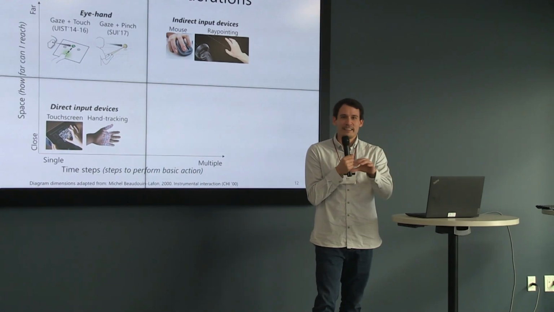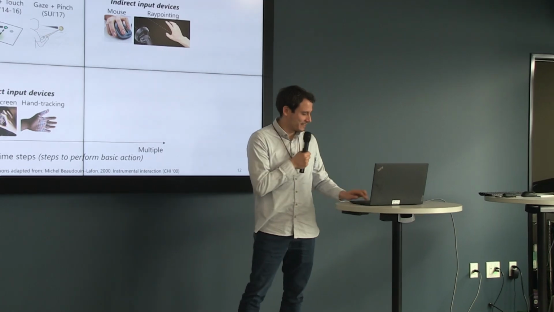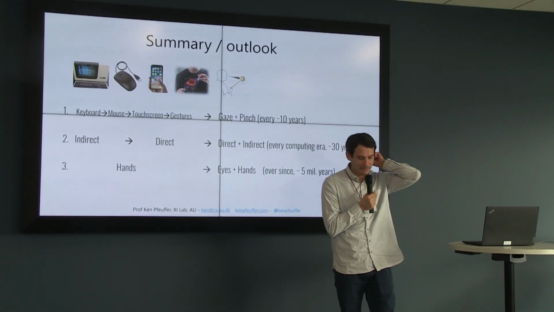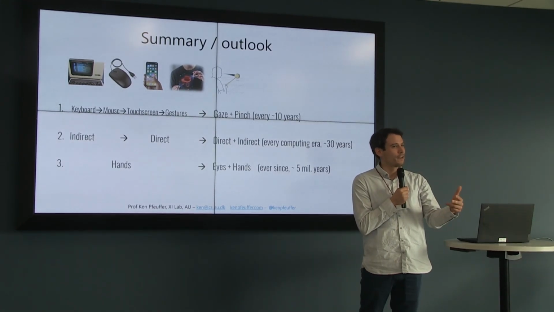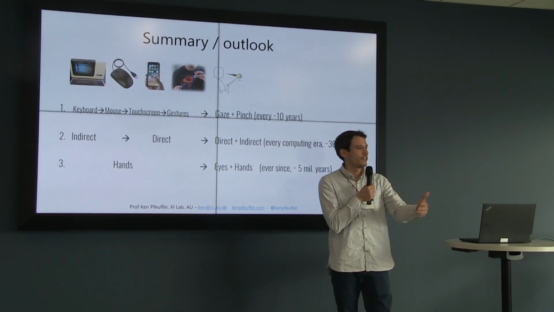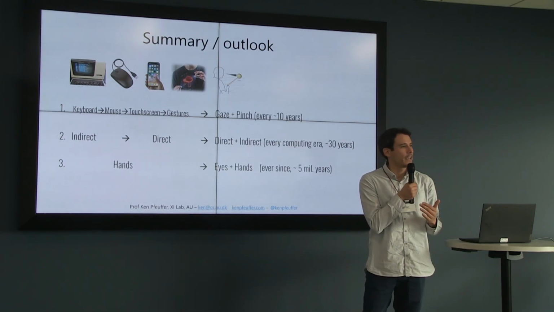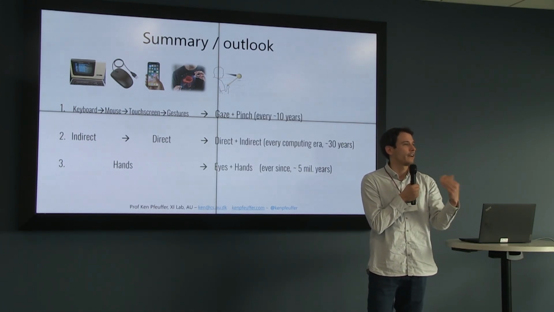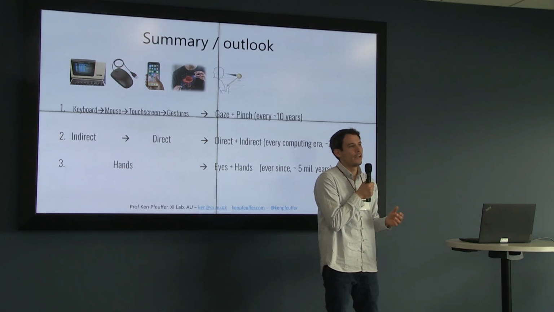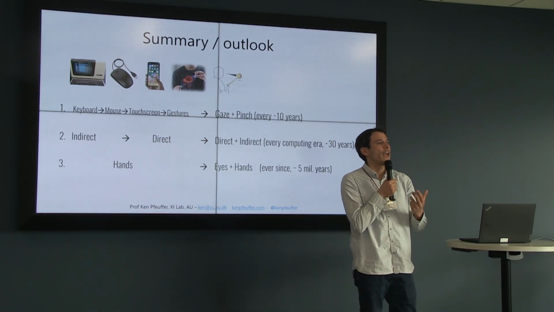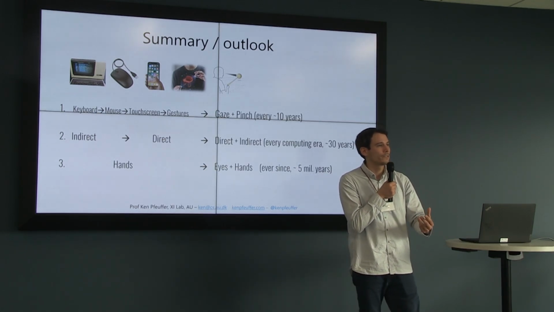So regarding the eye and hand, I think my slides finished here. It's just one more. But the interesting thing about eye-based gestures is that you have this physical gap to different objects, and that's eliminated, at least in your perception. Of course, things are still far away, but you can act on them as if they are close.